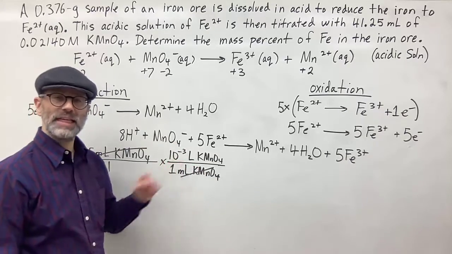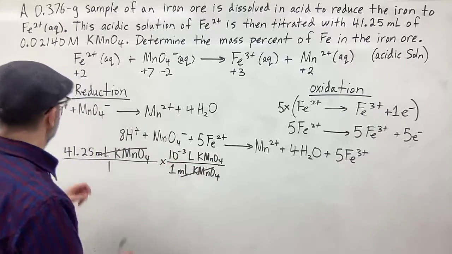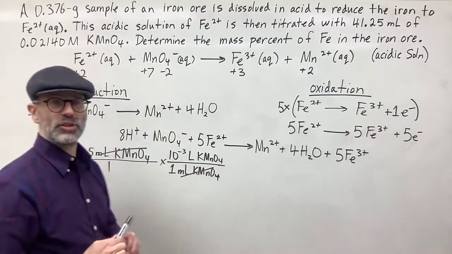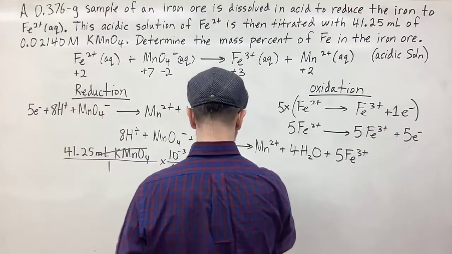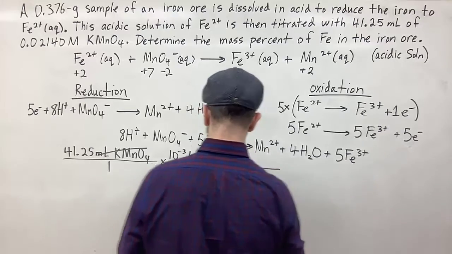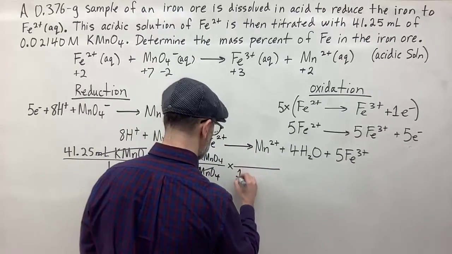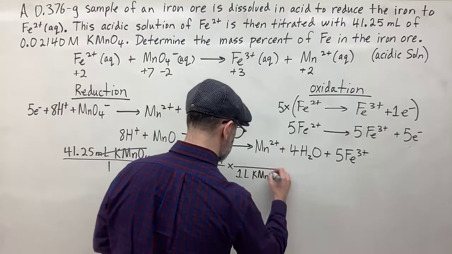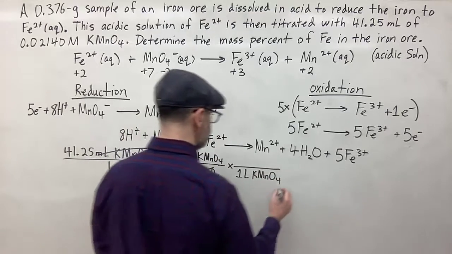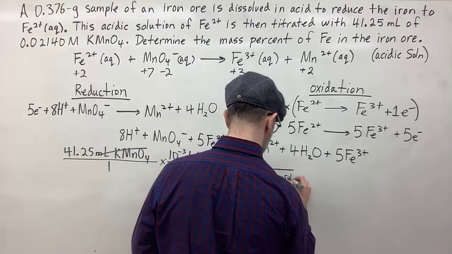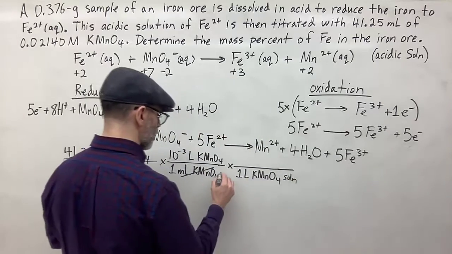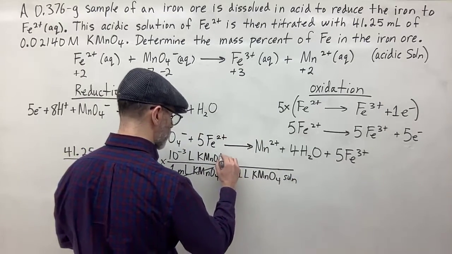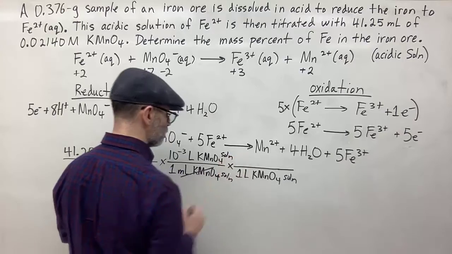So now that I have liters, I can now use the molarity to convert to moles. So I'm going to do that. So I'm going to put 1 liter of the KMnO4 on the bottom, and that's the solution. Let me write solution here so I can be complete.